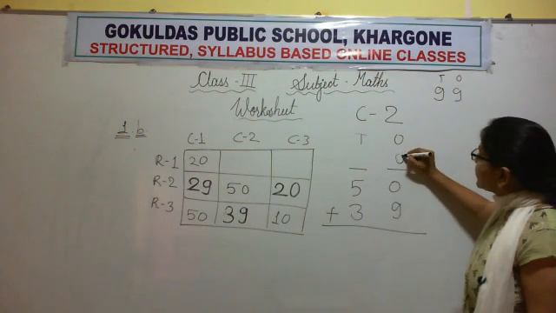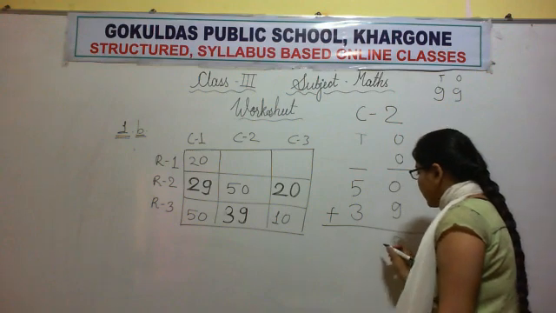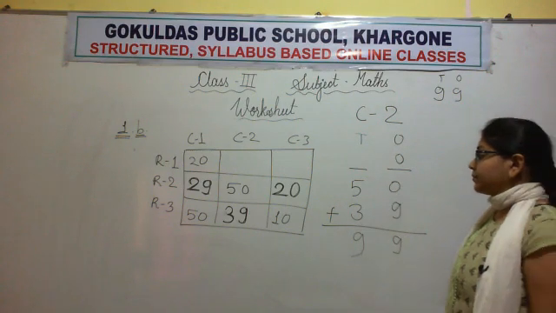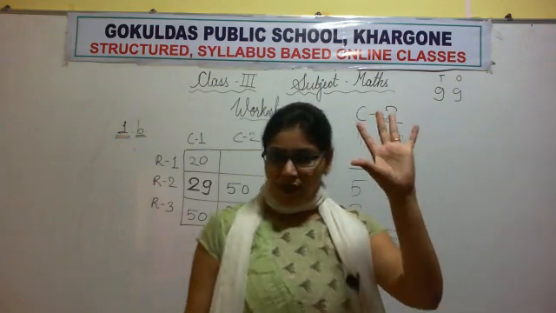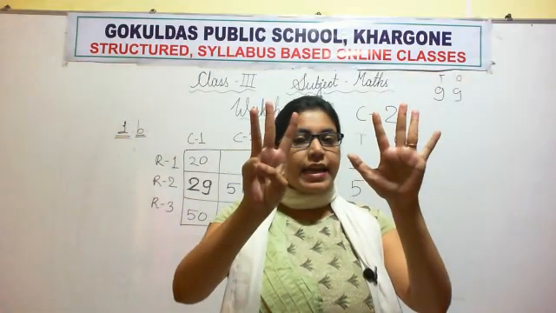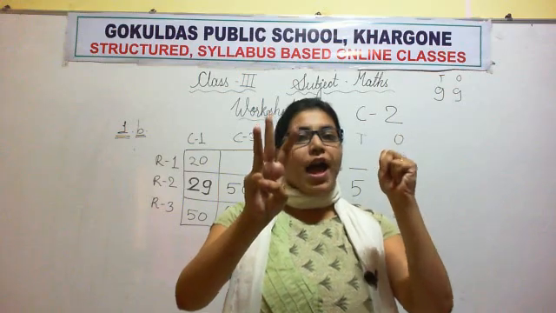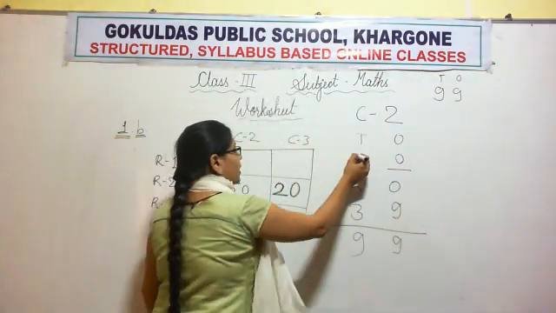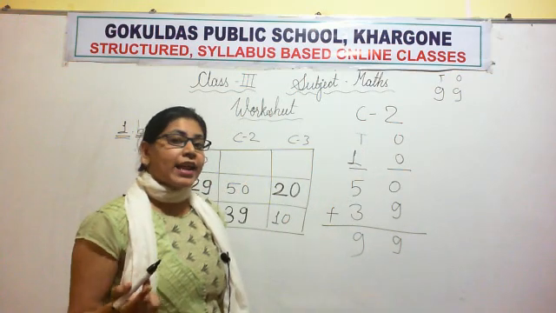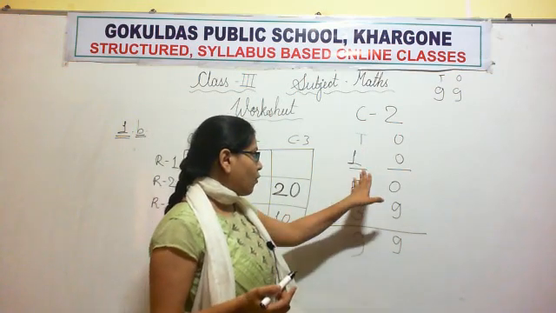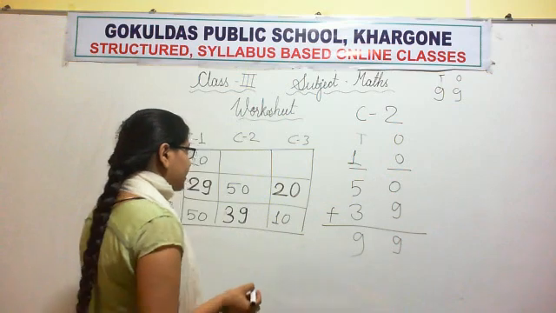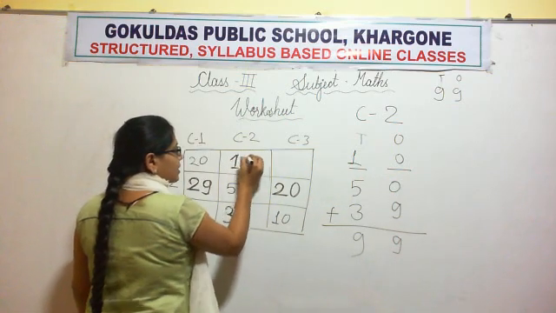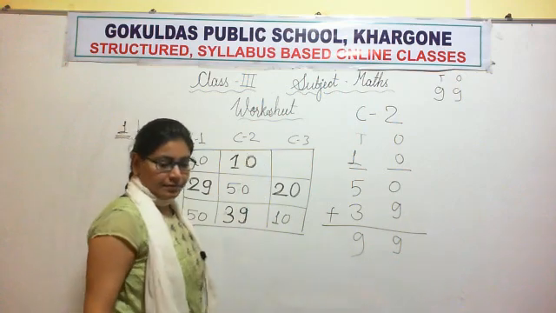And if we add another 0 in the 9, our answer will be 9 only. So we will add 0. 5 plus 3 is 8. So when we will add 1 more in the 8, we will get the number 9. So 1 ten and 0 ones means 10.